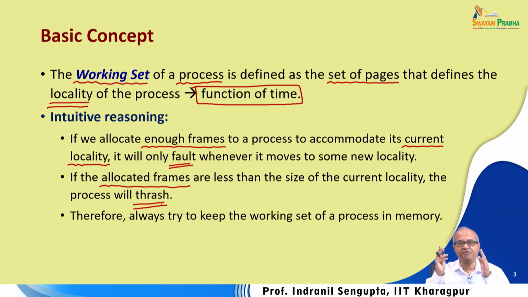The idea is that if you can accommodate the working set of a process in memory, then there is less likelihood of thrashing, otherwise there may be thrashing. So, intuitively what we want is to always try to keep the working set of a process in memory. If we can do that, possibly the number of page faults will become less. That is our justification.